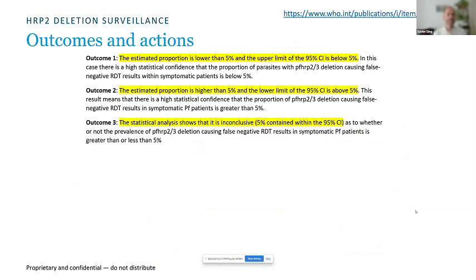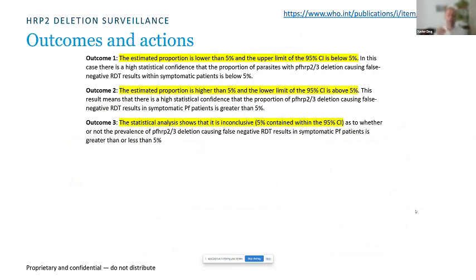Now, you have basically three outcomes that can come from such a survey. Essentially, either you have no deletion or a very low proportion of deletion. You are below this 5% threshold, and you're highly confident that you're below it because the upper limit of your confidence interval would be below it. This is outcome one.